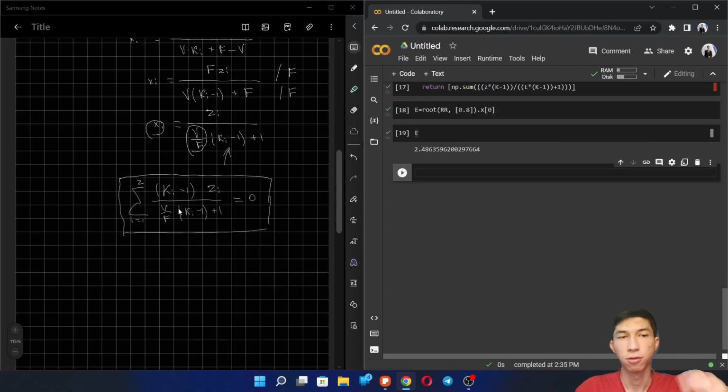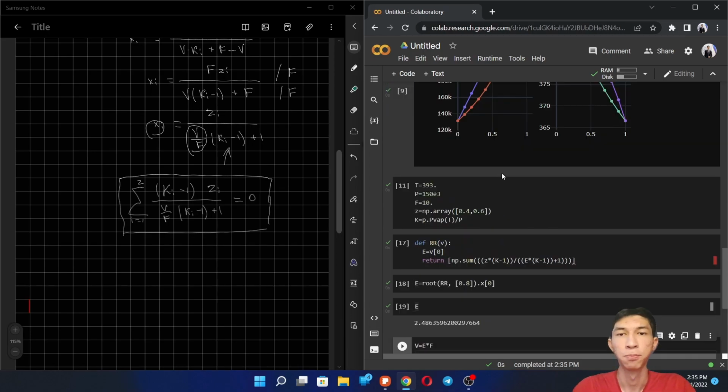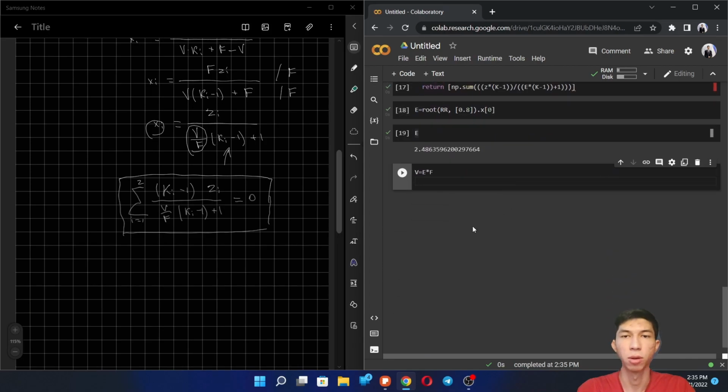Now from this fraction, we know that our amount of compounds in vapor phase is equal to E multiplied by our feed, which we already specified above as 10 moles. And our amount of compounds in liquid phase must be the difference between our feed and the amount of compounds in vapor phase.